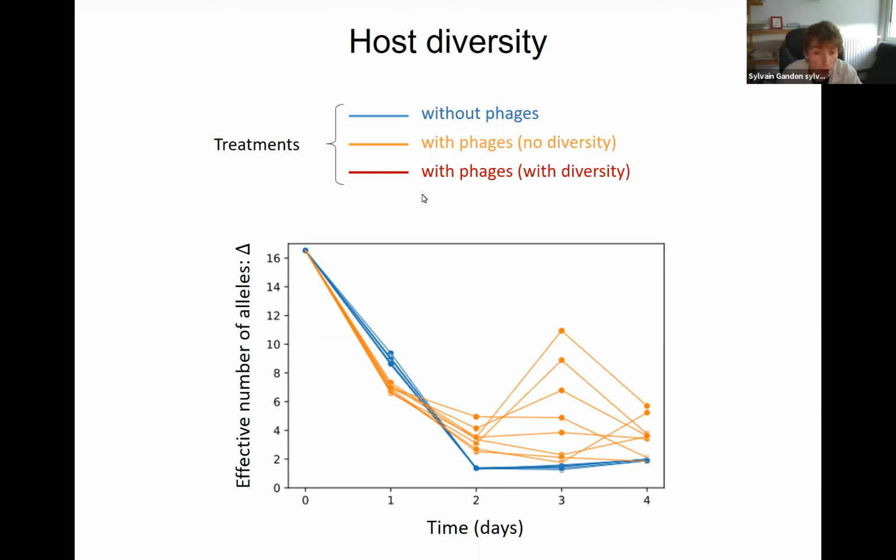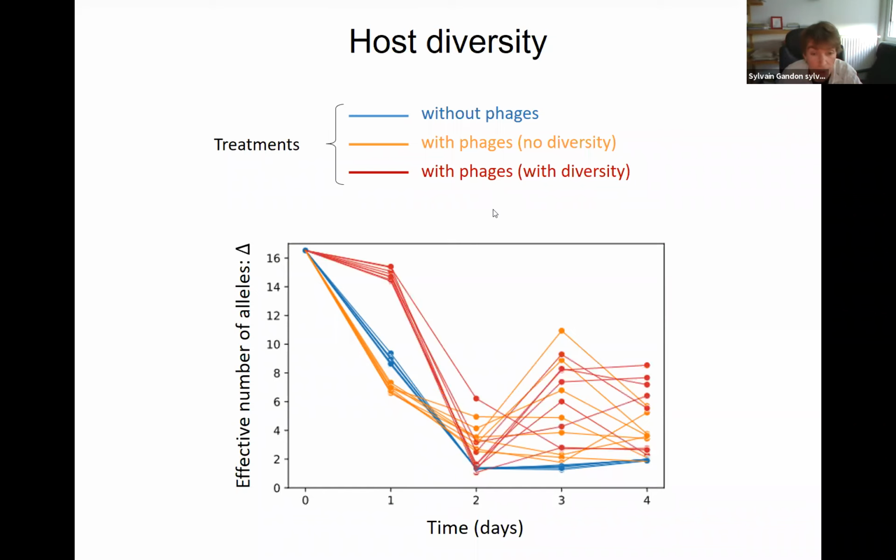When we start by adding a diverse phage population, initially the bacterial population diversity is maintained, but by day 2 there is a massive drop in diversity, and by day 3 and 4 the bacteria recover again. So we see very contrasted patterns and very contrasted effects of the treatments on those patterns.